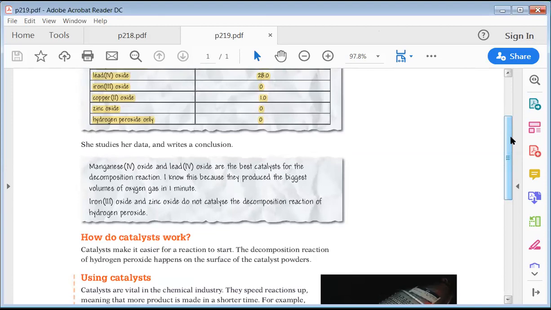She said, I know this because they produce the biggest volume of oxygen gas in 1 minute. She tested each catalyst for only 1 minute, and she got the best results from manganese oxide and lead oxide. So here she was wondering, how do these catalysts work? Let's see together how they work.